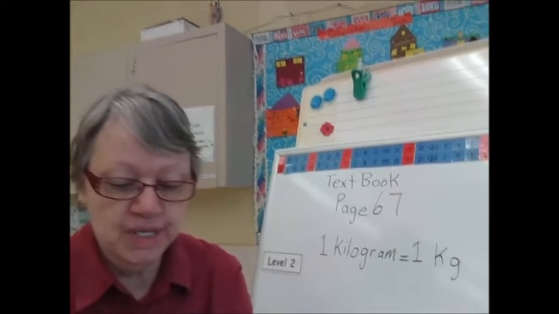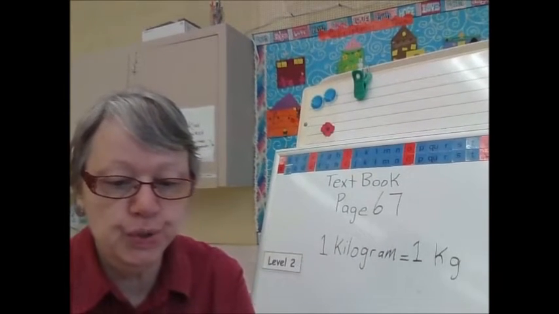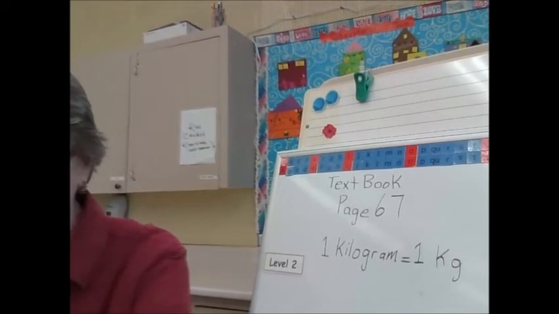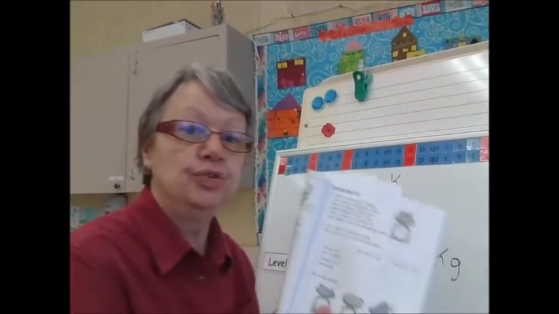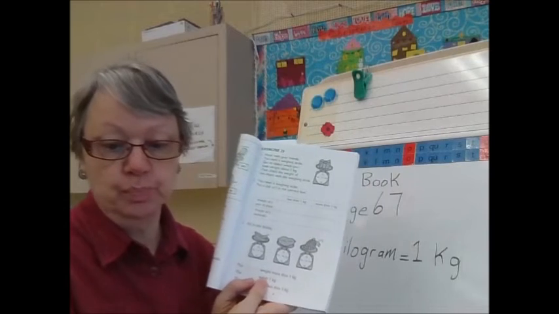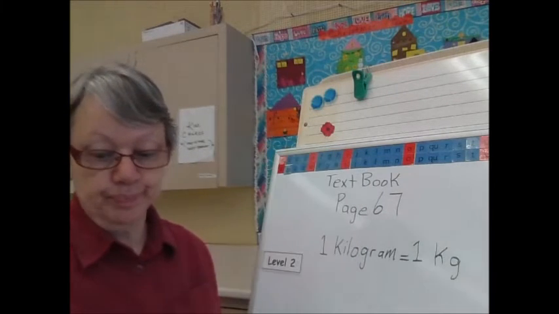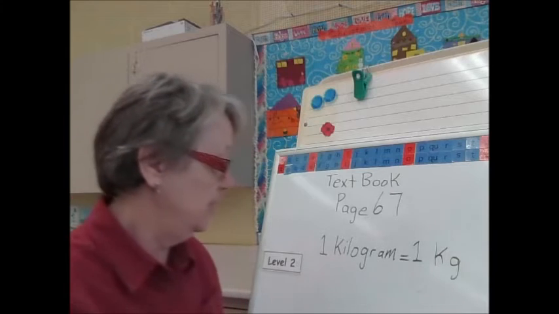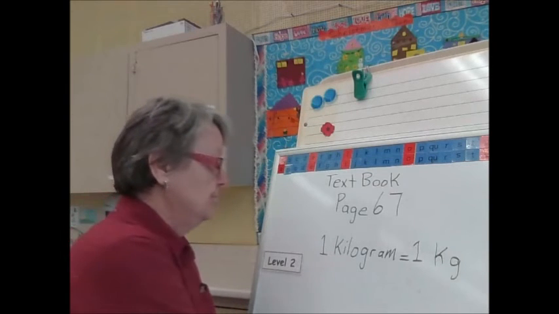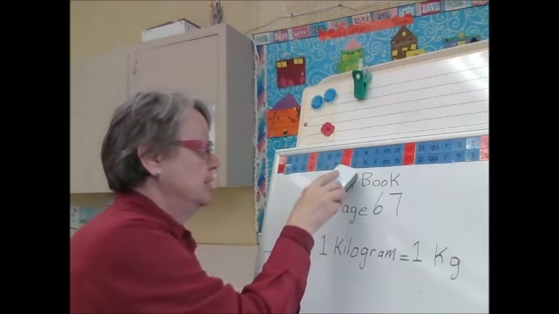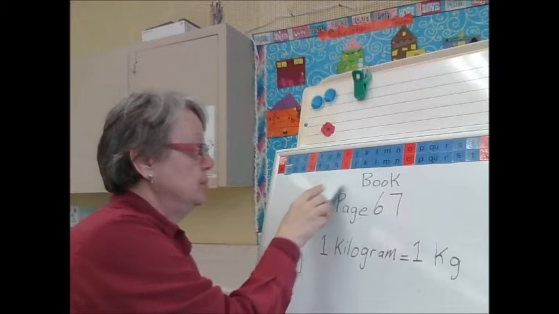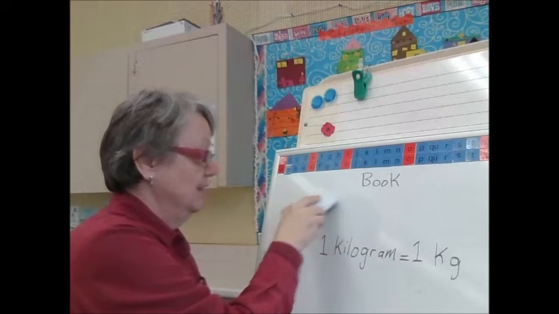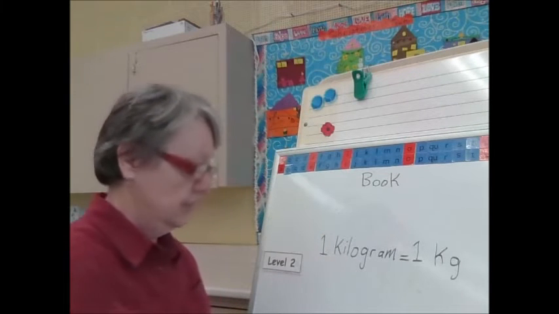All right, so now what I would like you to do is I would like you to get your workbook, all right? And you're going to do exercise 29 in your workbook, all right? So let's write that down. We're going to change this to workbook, and we're going to change that, all right?